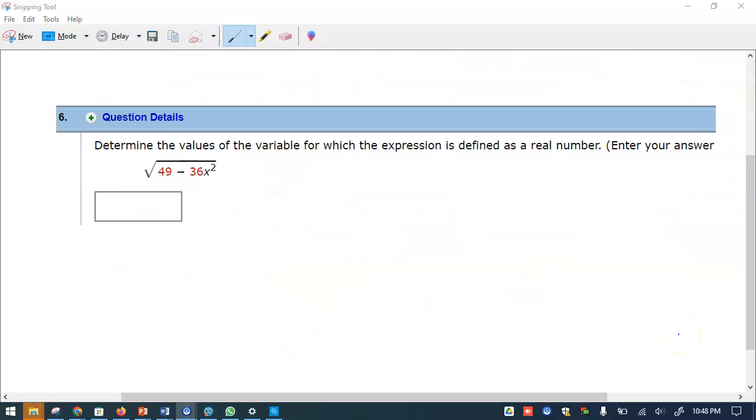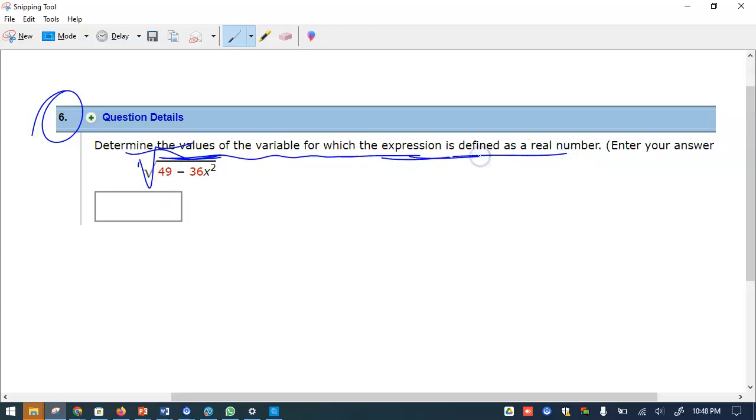So problem number 6 has a radical, and you can see it says find the variable values for which the expression is defined as a real number. And we do know that if we have a square root, the inside has to be greater than or equal to 0.